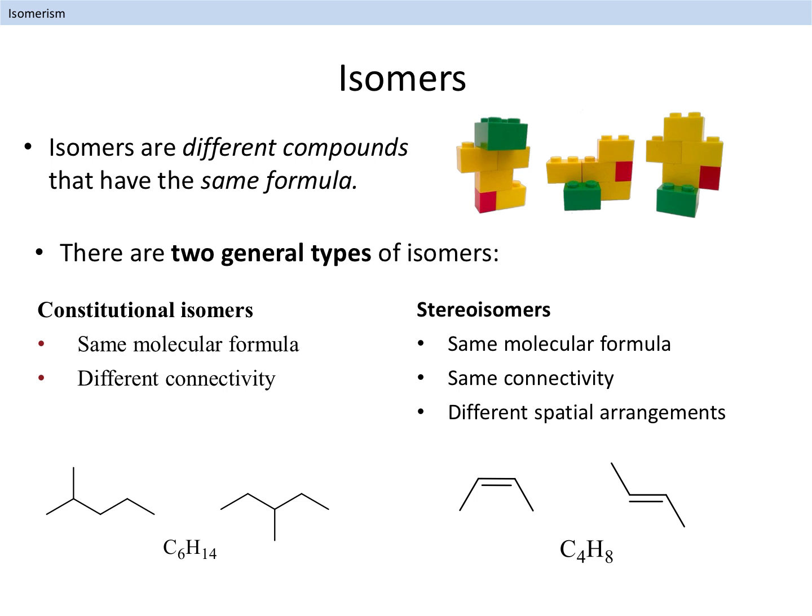The second type of isomers are stereoisomers. Stereoisomers also have the same molecular formula, but they also have the same connectivity. So if they have the same formula and connectivity, what exactly is different about them? Stereoisomers differ from each other in a very special and sometimes subtle way: the spatial arrangement of their atoms.